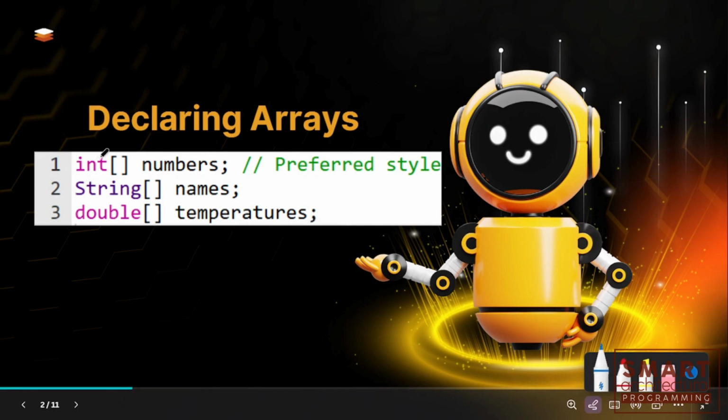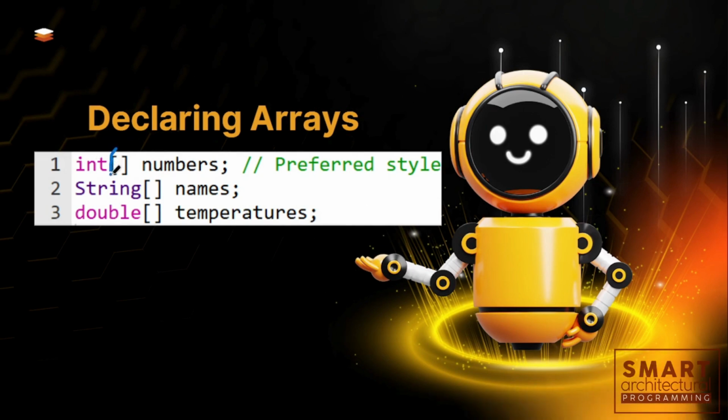If you notice here, we have these square brackets. Then we have the data type, which is an int here, the second important element of a declaration. Followed by these two, we have the name of the array itself, which is the third element of the declaration. So that's how an array in Java is declared.